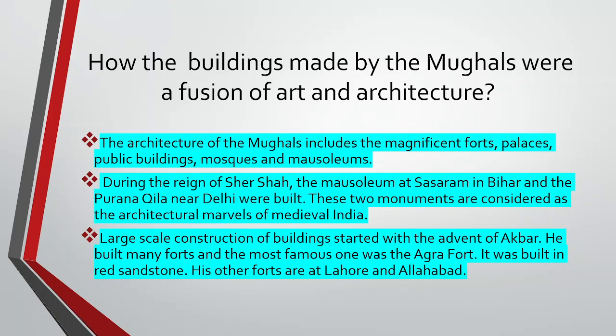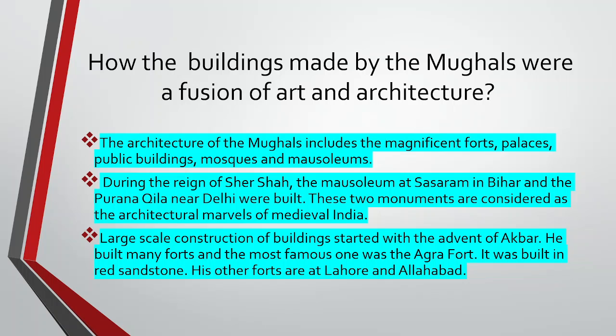Large-scale construction of buildings started with the advent of Akbar. He built many forts, and the most famous one was the Agra Fort. It was built in red sandstone. His other forts are at Lahore and Allahabad.